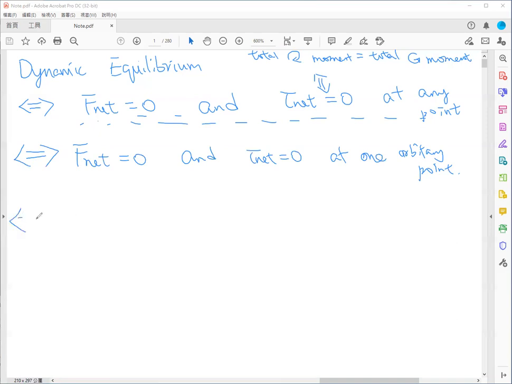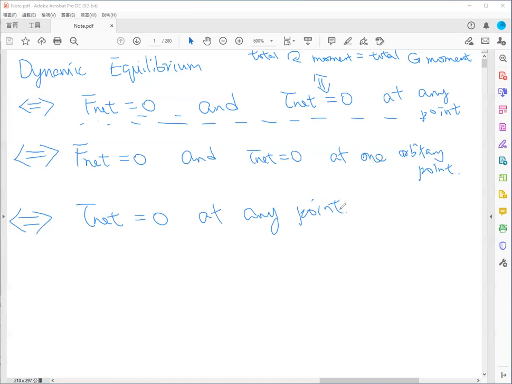And also, this is equivalent: if the net moment is zero at any point, it implies, or you may say it already includes, that the net force is zero.